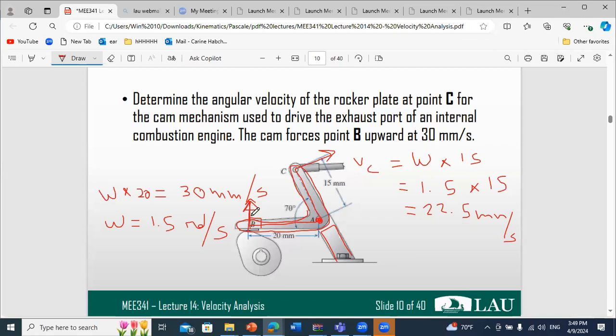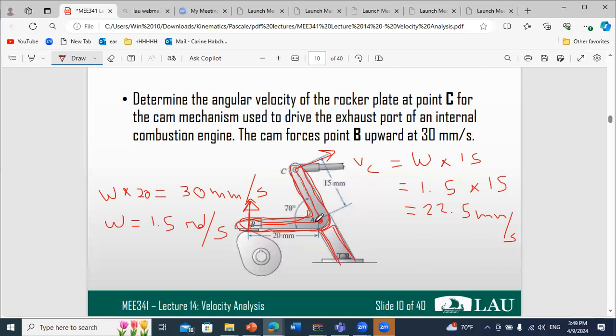If we look at our figure, we can see that ABC constitute one rigid body. And this rigid body is pin connected to the ground because this link is attached to ground.